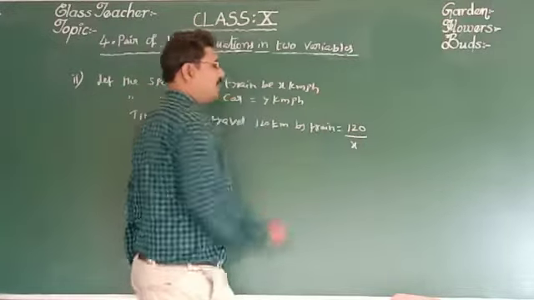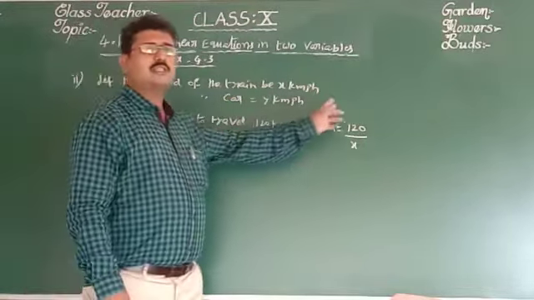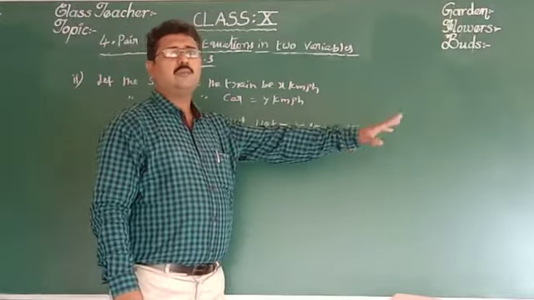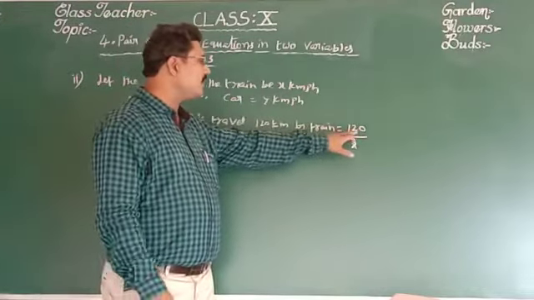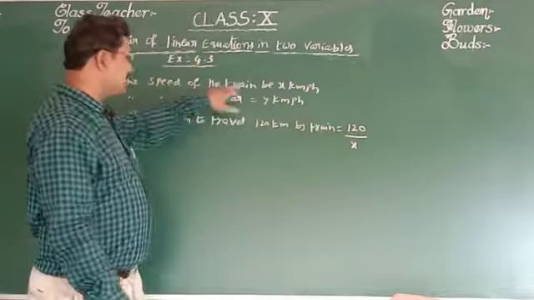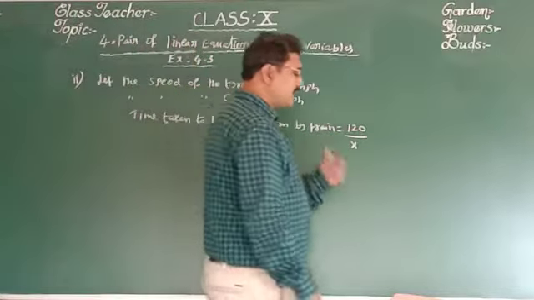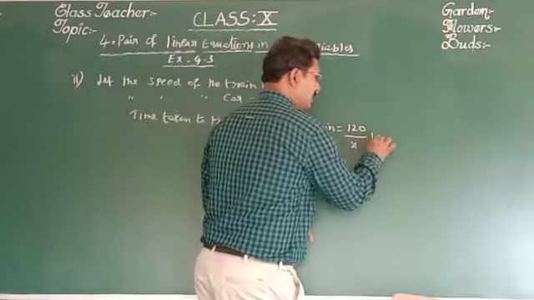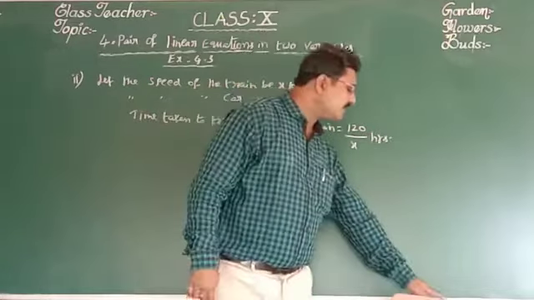Time is equal to, why? Because distance is equal to speed into time, so time is equal to distance by speed. Distance is 120, speed is here x. That is 120 by x hours. Next, what is that given?